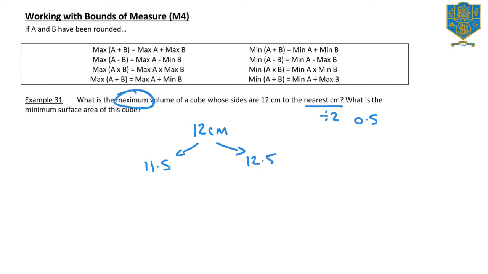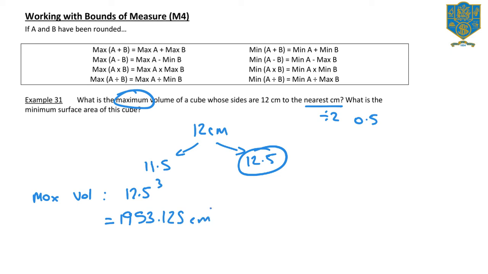Because we're looking for maximum volume, we're going to use the upper bound. So the maximum volume is going to be 12.5 cubed, which is 1,953.125 cubic centimetres.